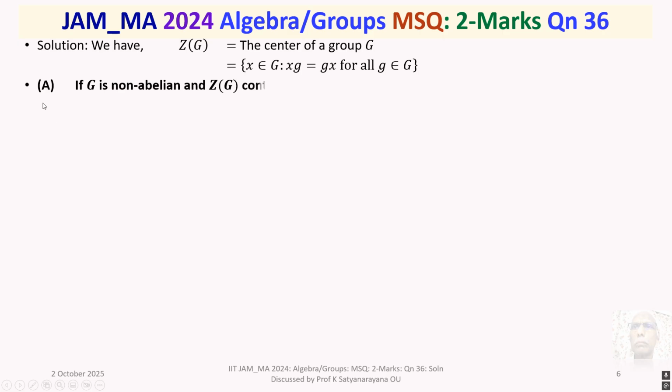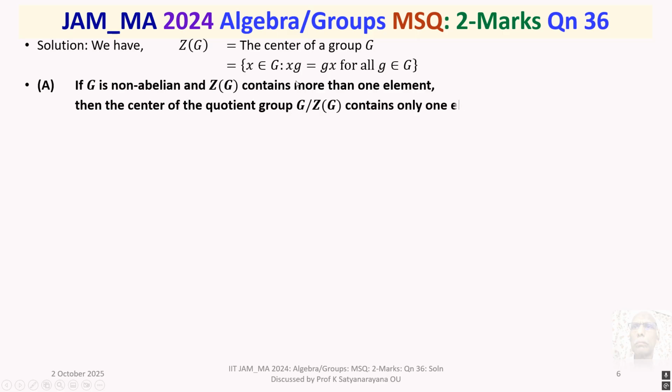Let's take option A. If G is non-abelian and Z(G) contains more than one element, then the center of the quotient group G by Z(G) contains only one element. We have a counter example.